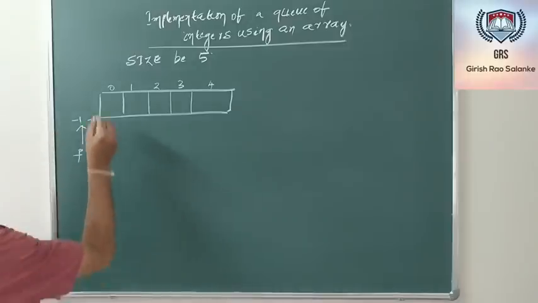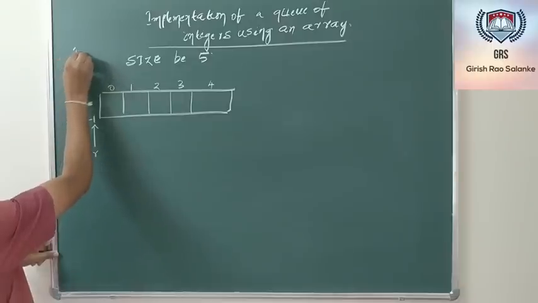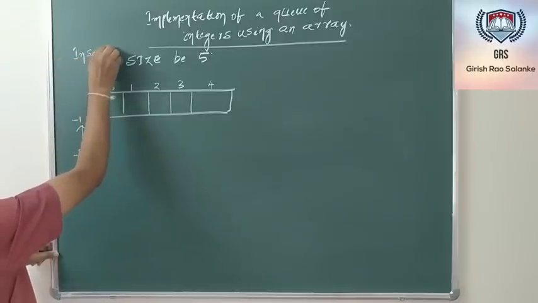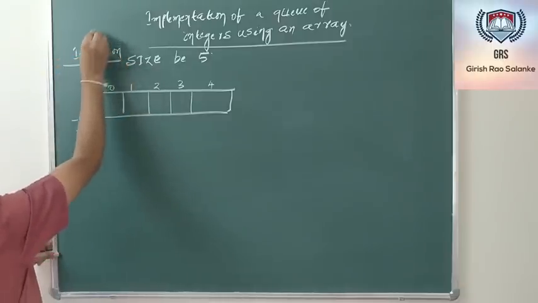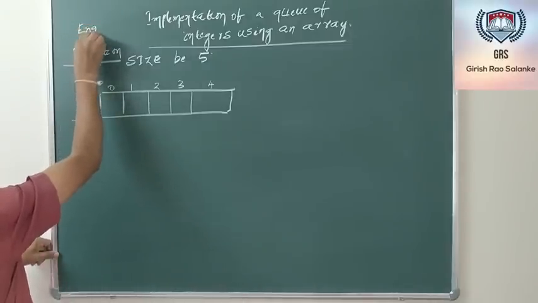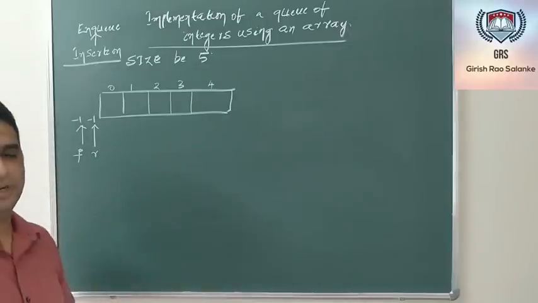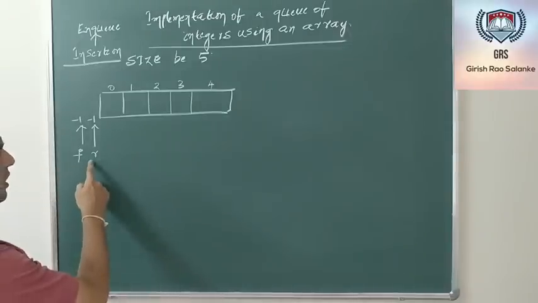So note that this is the state of a queue wherein the queue is empty. Now let us go for the insertion operation. As I told, this insertion operation is called enqueue. To perform the insertion operation, or the enqueue operation, we are supposed to use the rear end.